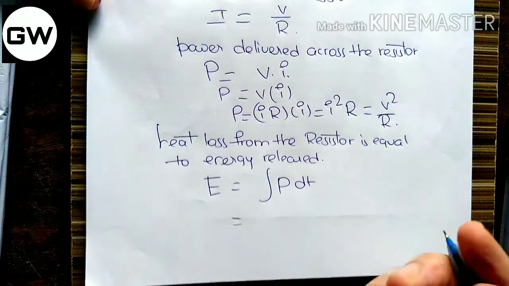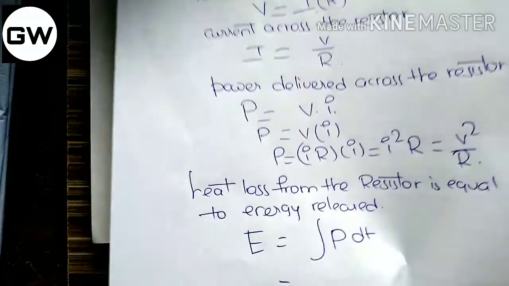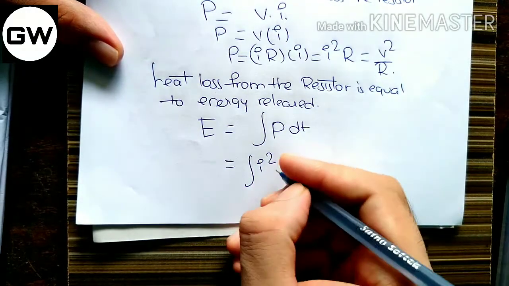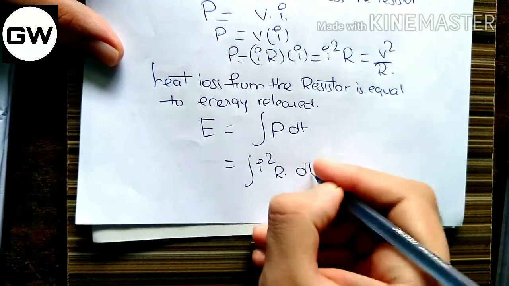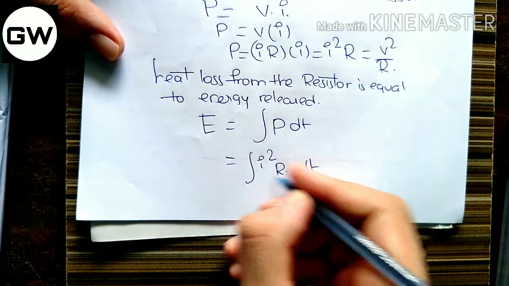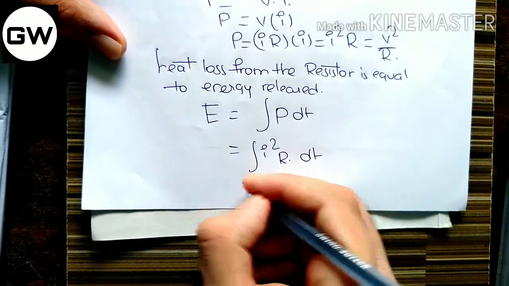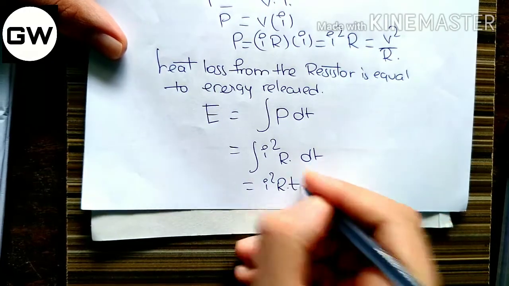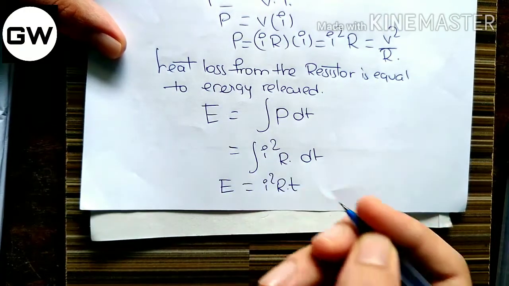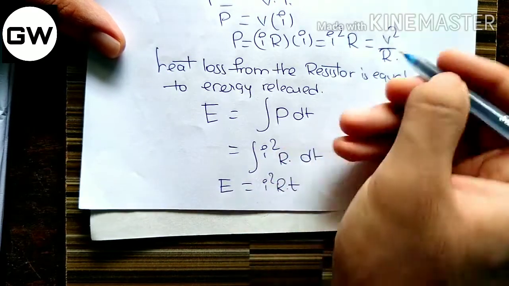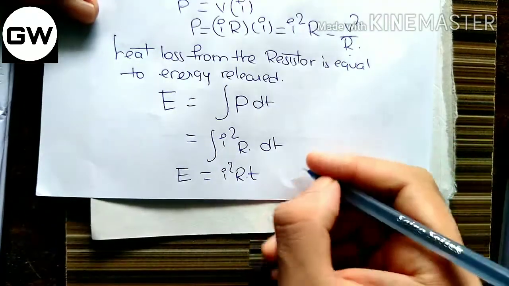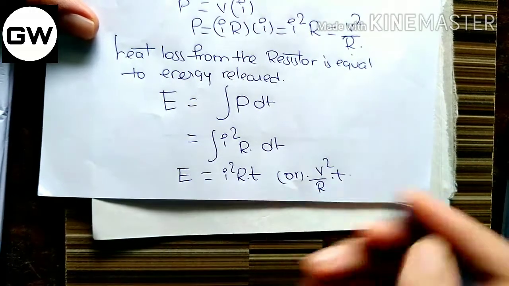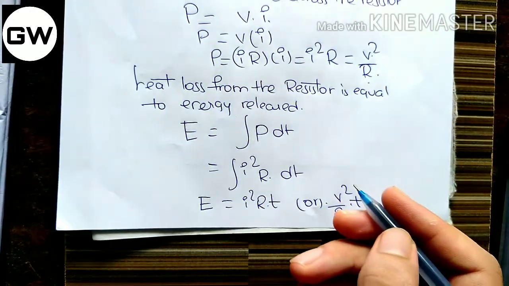Power is I square R, and there is no t term in this, so everything is treated as constant. So it is I square R into the integral of dt, which is t. This is the formula for energy. Power can also be written as V square by R, so energy is V square by R into t. This is the formula for the heat loss.